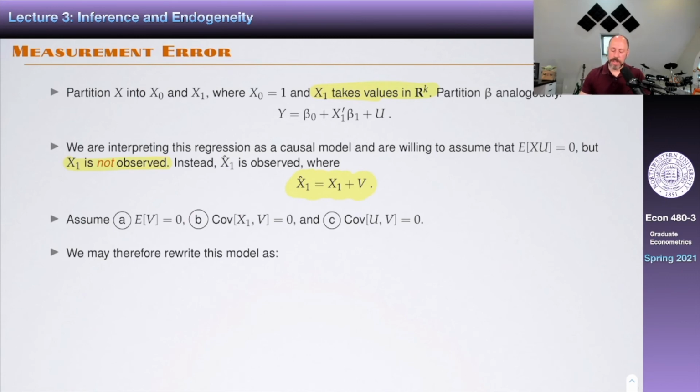Now, today I'm going to focus on the so-called classical measurement error that has essentially three conditions. It says the measurement error has mean 0, which again you can view as a normalization, it doesn't really matter. The second is that the covariance between what you're trying to measure and your measurement error is 0. You can even think about independence.